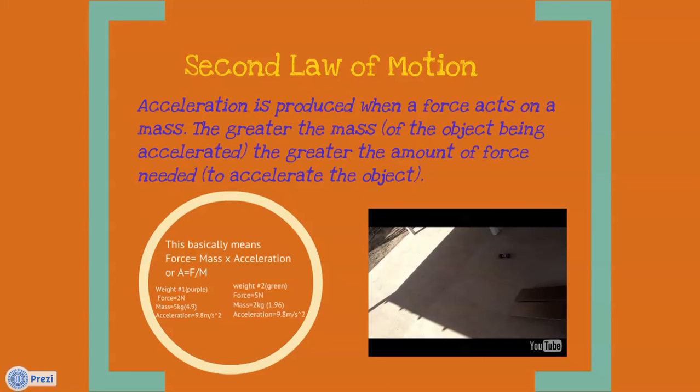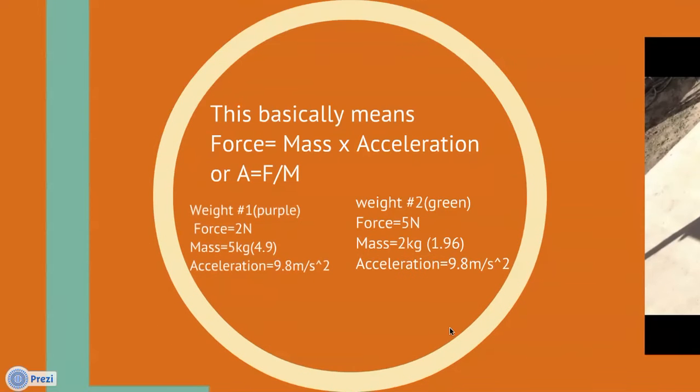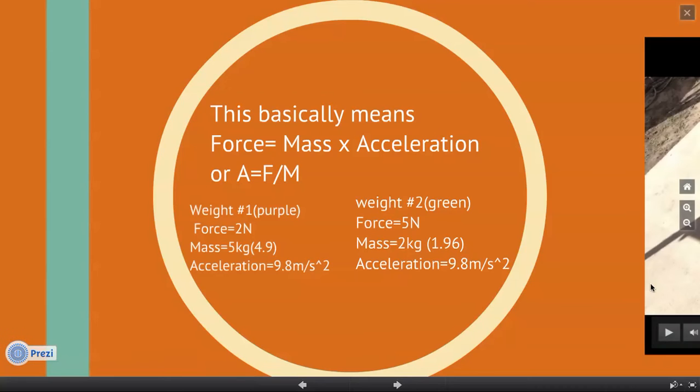In other words, the heavier the mass of an object, the more force it requires to move the same distance as a lighter object. You might want to watch closely this example.